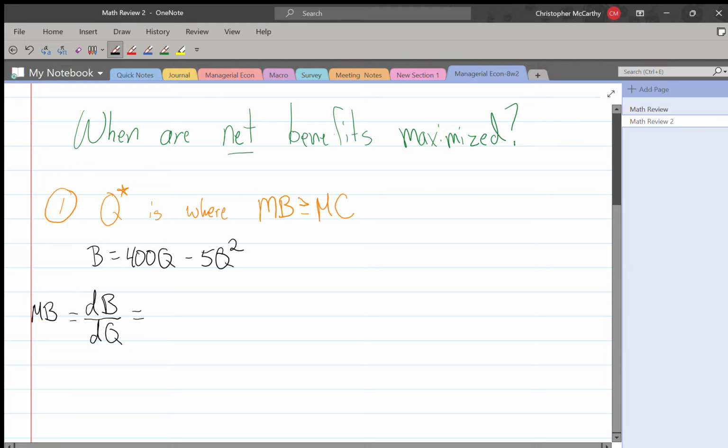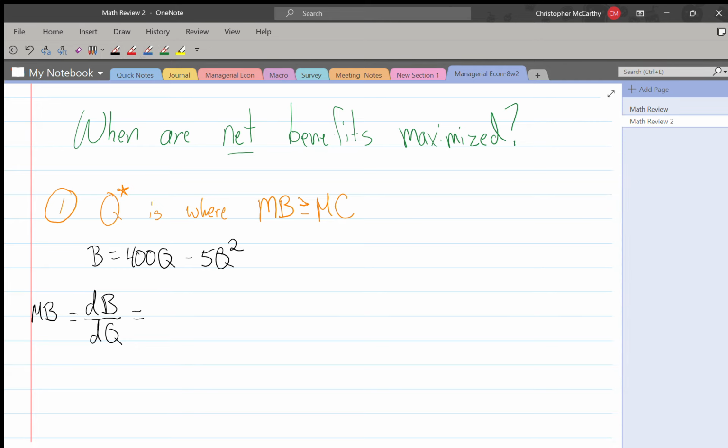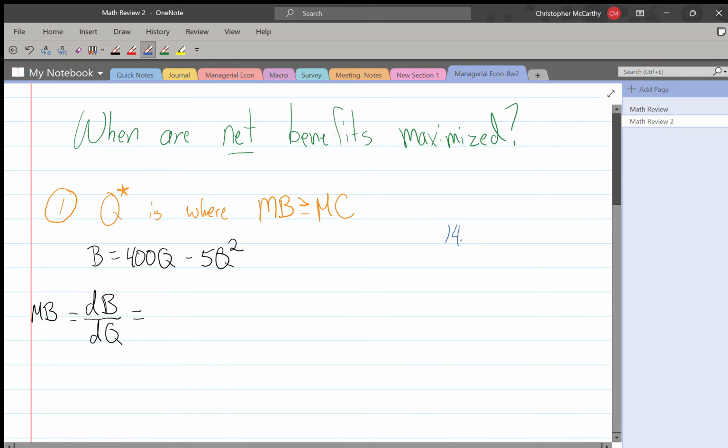Whenever we have some number, say 14x, and we take the derivative of that, we use something called the power rule.